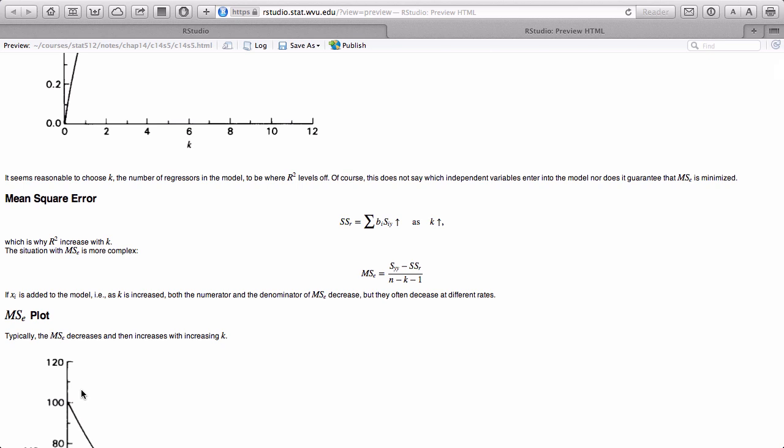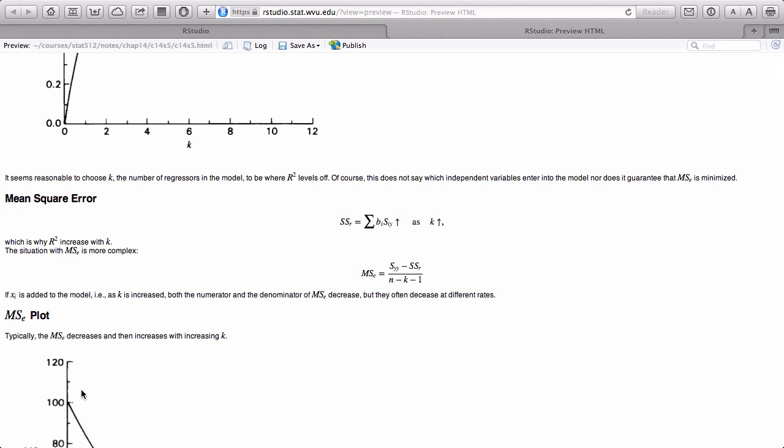And if you look at the sum of squares for regression, there are various ways you can compute it. But one way is the sum of beta sub i times S sub iy. S sub iy is the cross product of the x i with the y. And the sum of squares for regression will always increase as k increases, as you add more predictors.